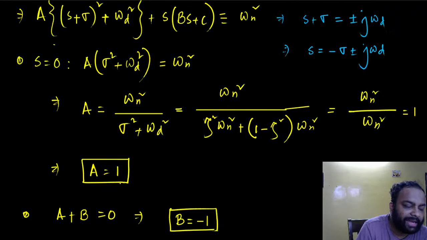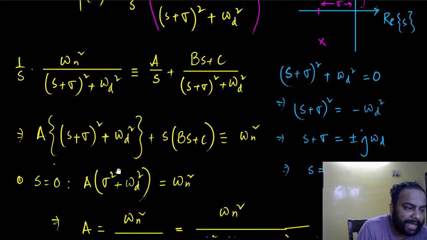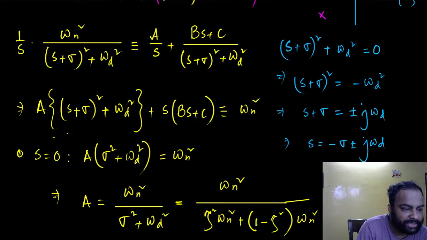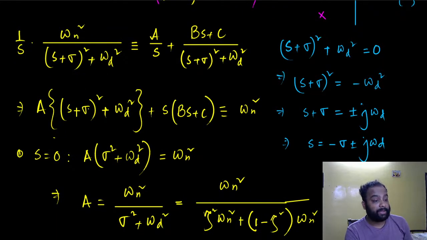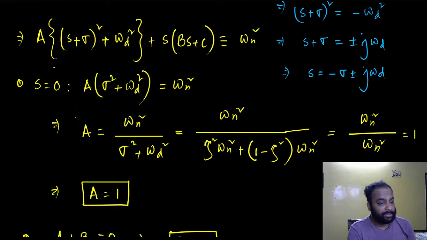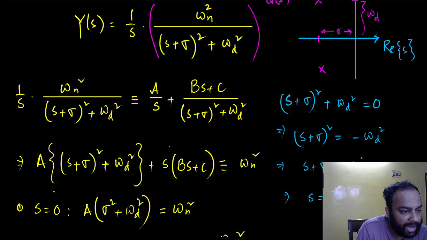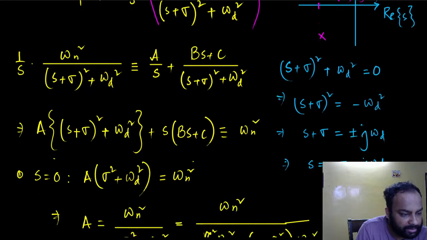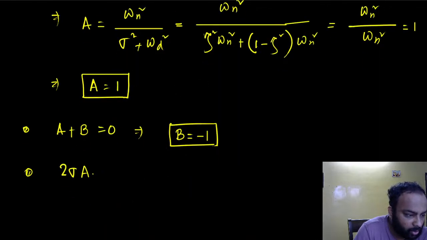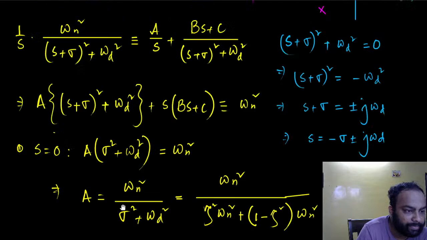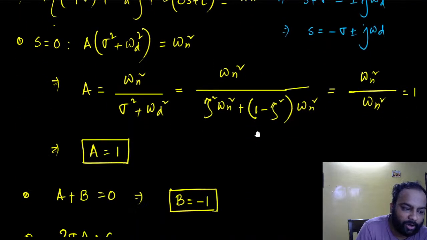So with that I have B equal to minus A, that's minus 1. Similarly, let's compare the coefficient of S. Look very carefully. What is the coefficient of S? That's going to be 2 sigma multiplied with A, so 2 sigma A, and here if I expand this, that's going to be C. So the total coefficient of S on the left hand side is 2 sigma A plus C, and on the right hand side it is 0, of course.